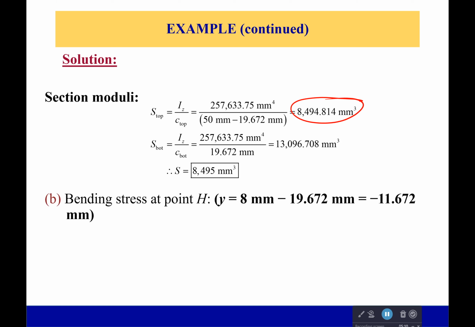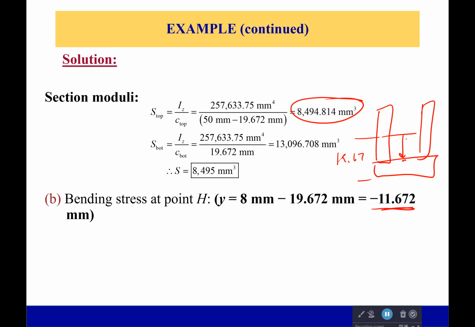And then if we want to, we can finally start calculating the bending stress at point H. Now, for point H, it's down there at the bottom. We have to figure out the distance y to that point. And so since that is going to be 8 millimeters right here from the bottom, and my centroid is 19.67, I can then see that that's going to be negative 11.672 millimeters from that point, so going down.